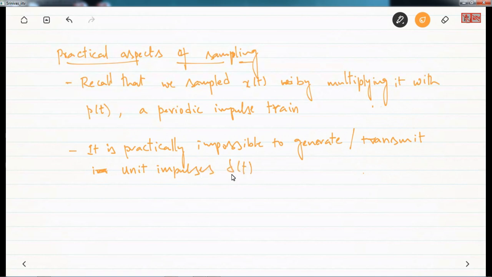What do I mean by that? In practice, we use very narrow pulses in place of impulses.